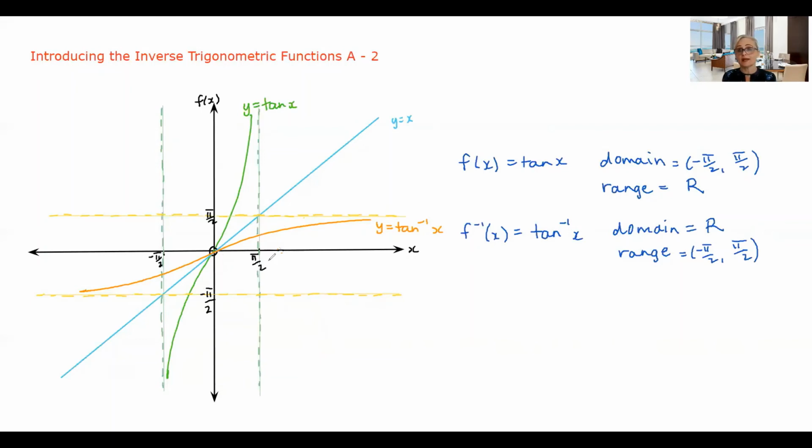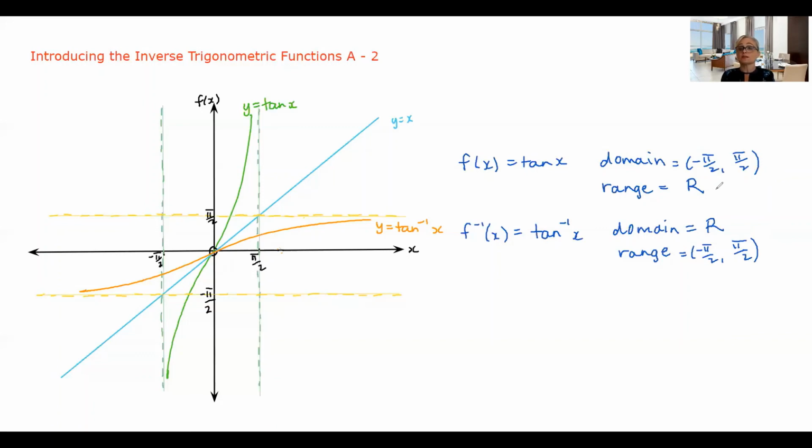Looks exactly the same, but it's a reflection in the line y equals x. Similar to over the page, our domain and range will swap. So our limited domain for our tan of x, if we're going to be taking the inverse of it, is between negative pi on 2 and pi on 2. That ensures that our inverse function will be a function and not just a relation.